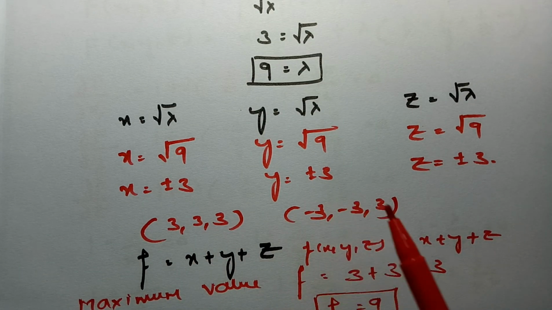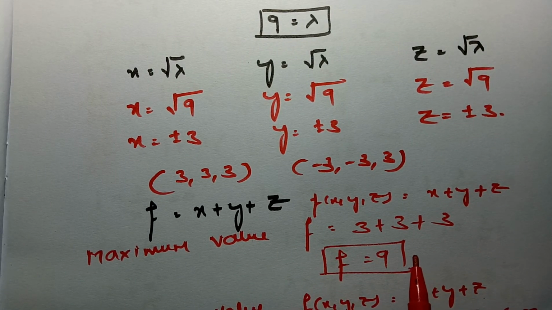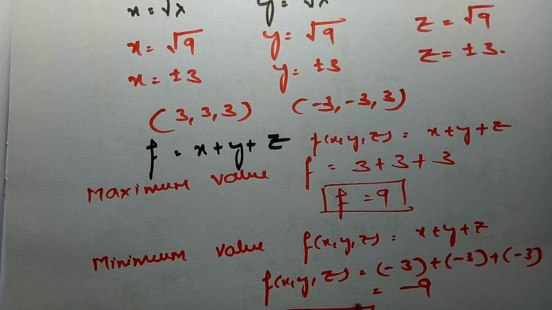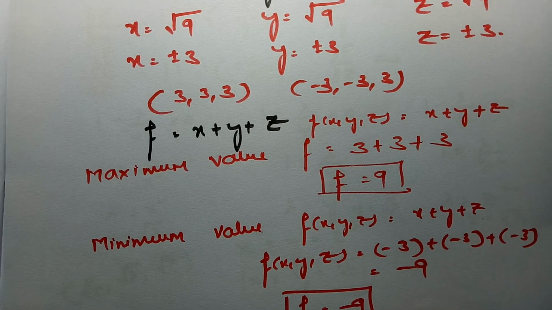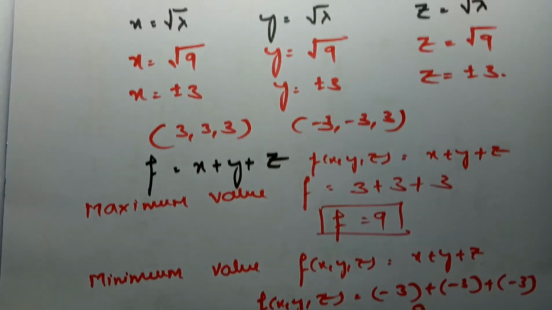The maximum value we found by substituting x, y, z as 3, and the minimum value we got using the function f of x comma y comma z equal to x plus y plus z. For the minimum value we kept the values as minus 3. So this is how we have to solve.